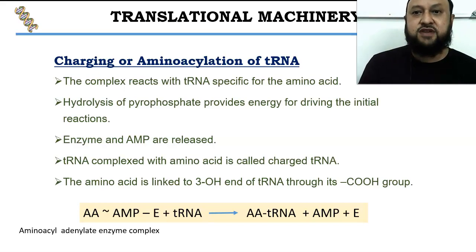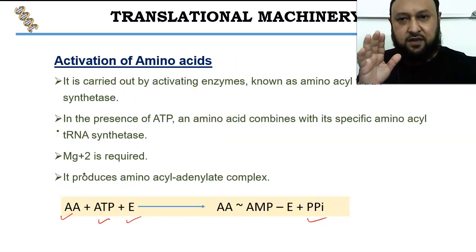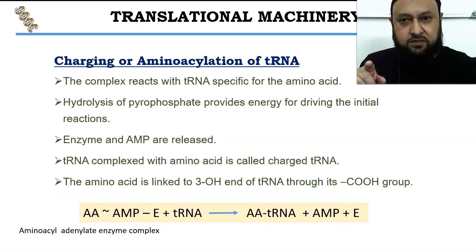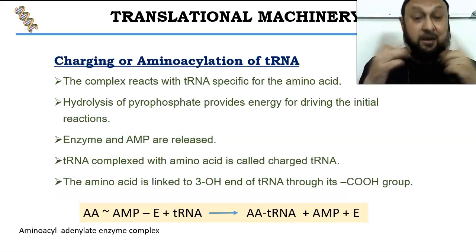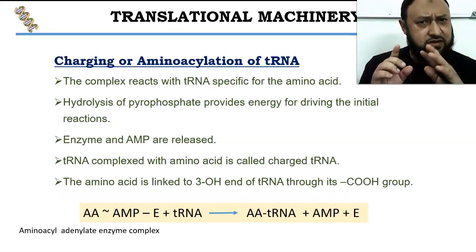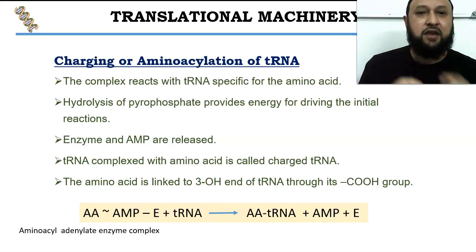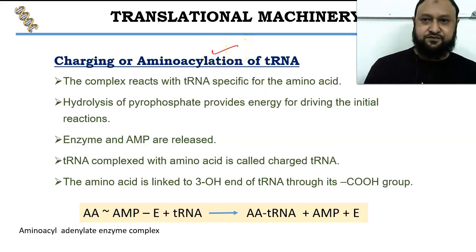Now, charging. Once the enzyme is activated, we come to the charging of the amino acid to be combined with the tRNA, which is also called amino acylation of tRNA.